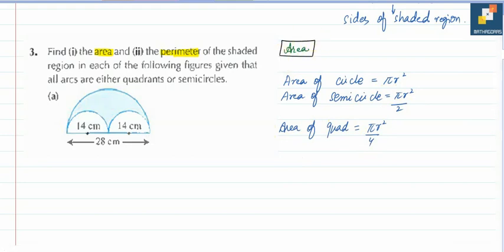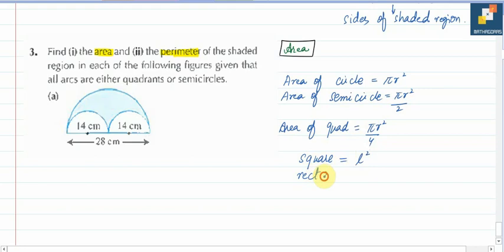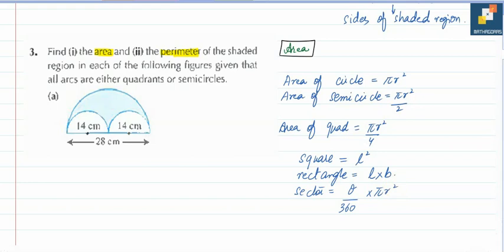So all working formulas of area: circle, semicircle, quadrant, square is length square, rectangle is L into B, and sector is angle divided by 360 multiplied by pi r square. So these are the working formulas for area.